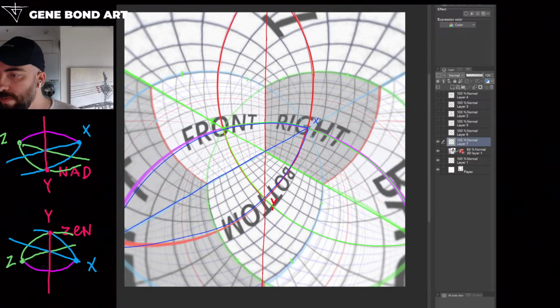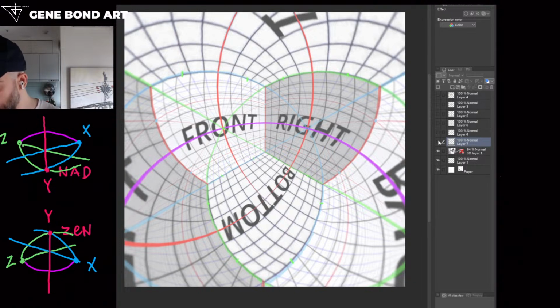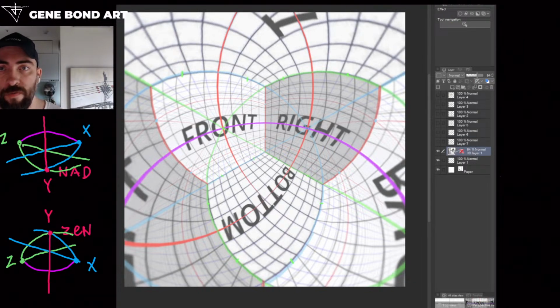So yeah, you see right here, we see this root of this fisheye perspective grid. And then let's move farther.